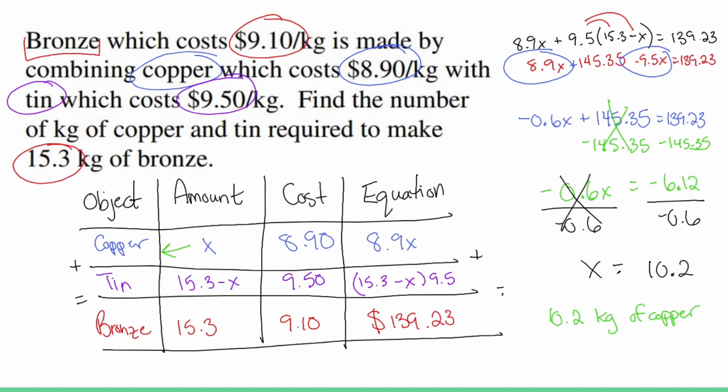So 15.3 minus the x that we got, 10.2, is 5.1. So 10.2 kilograms of copper and 5.1 kilograms of tin. And that's what we need to answer this problem.